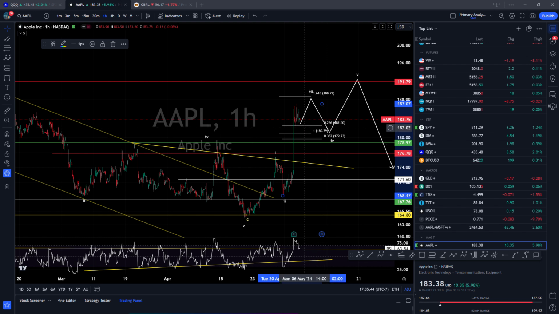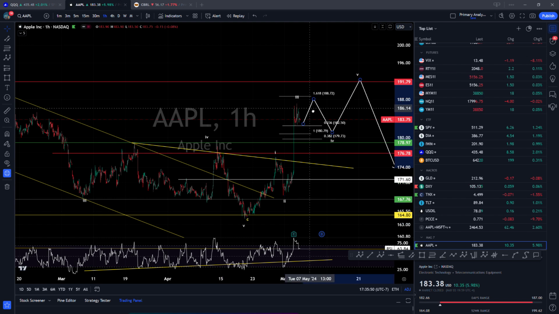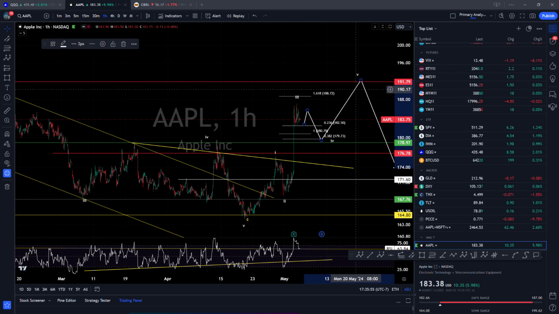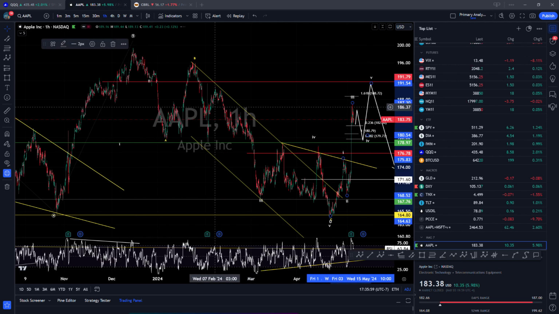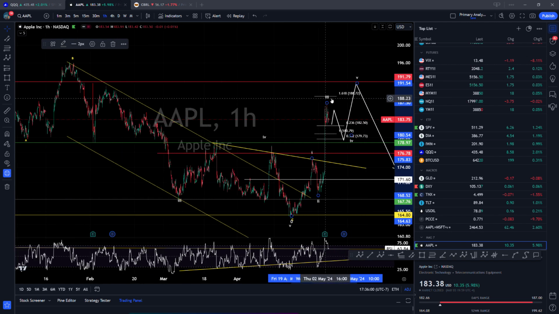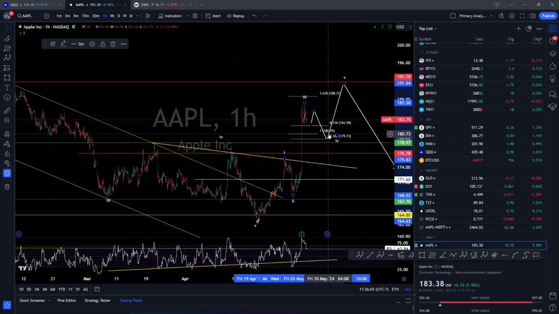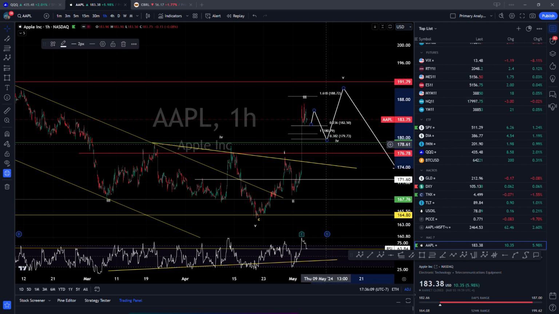If you see it at 179, you can take a long for the fifth wave, getting into this area about 190. So 179 to 190, about 10 points. I think it'll be a good long to capture.